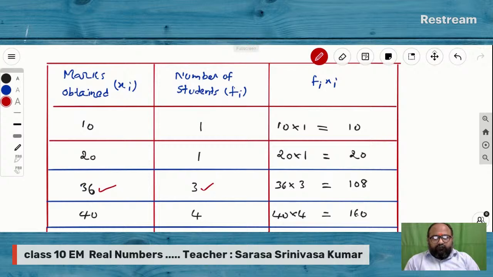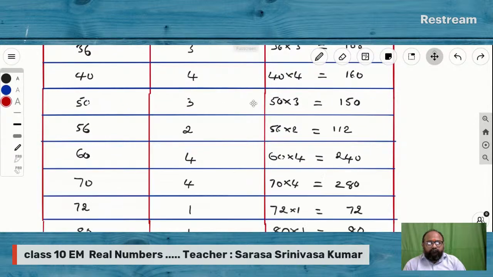So total marks equal 36 multiplied by 3, that is 108. 40 marks are obtained by 4 students, so 40 multiplied by 4 equal to 160. 50 marks are obtained by 3 students, so 50 multiplied by 3 equal to 150.